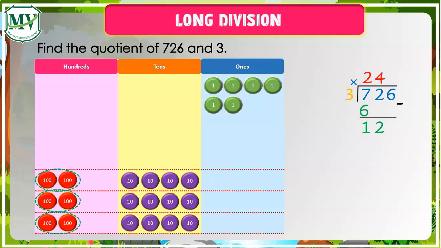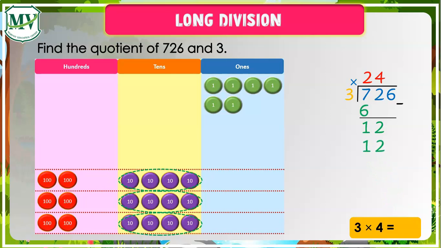We have 3 groups of 4 tens, or in multiplication sentence, we can write this as 3 times 4, which is equal to 12. We will write 12 directly below number 12.